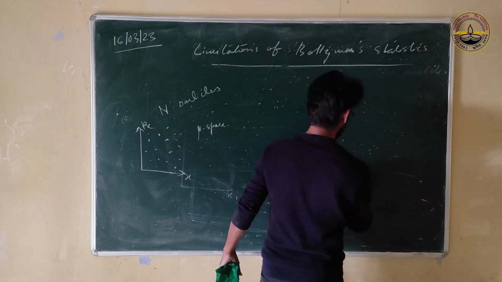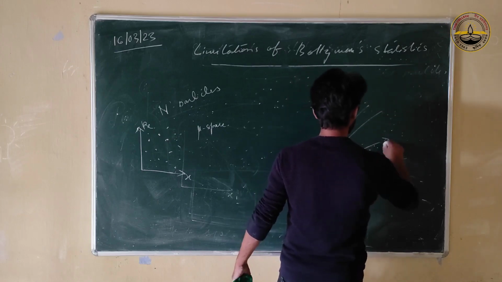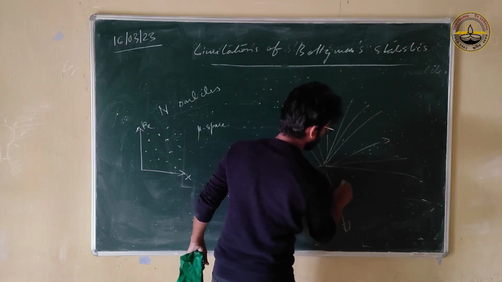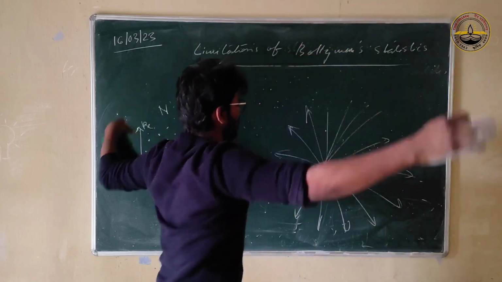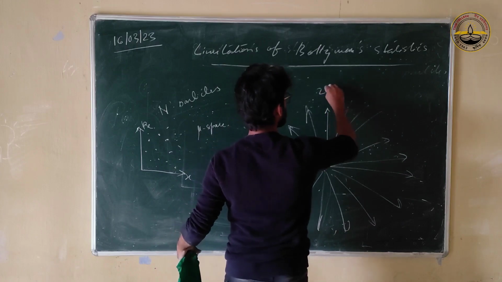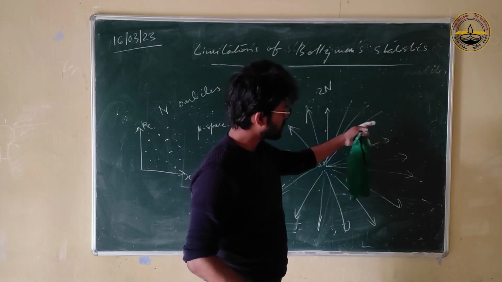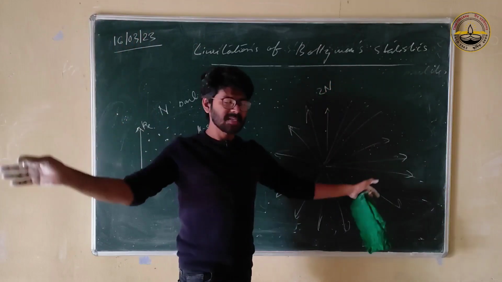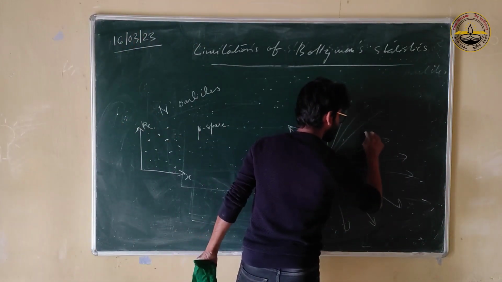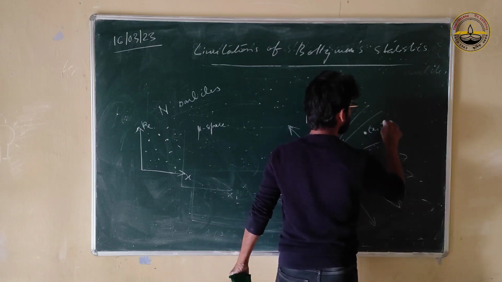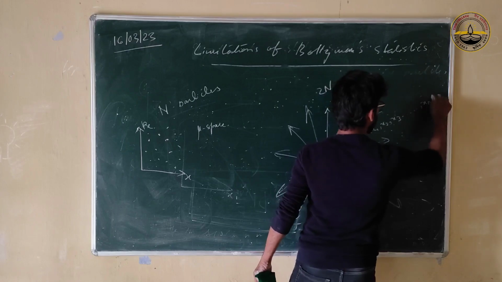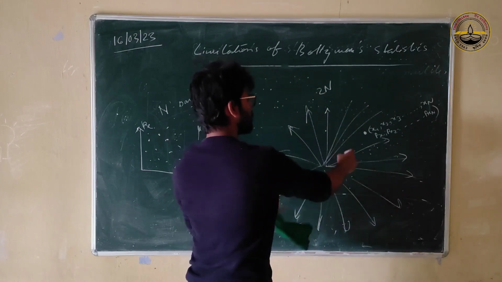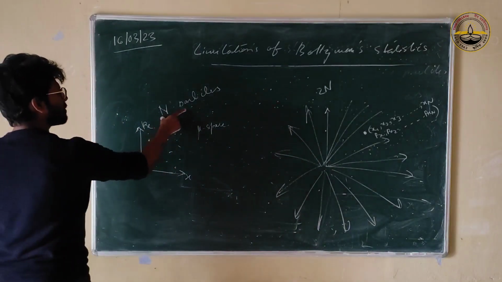Or equivalently, imagine a 2n-dimensional space with x1, x2, x3, up to xn axes and px1, px2, up to pxn axes, and you draw only one point. Its coordinates will be x1, x2, x3, xn, px1, px2, pxn, and that one point tells you everything about n particles.